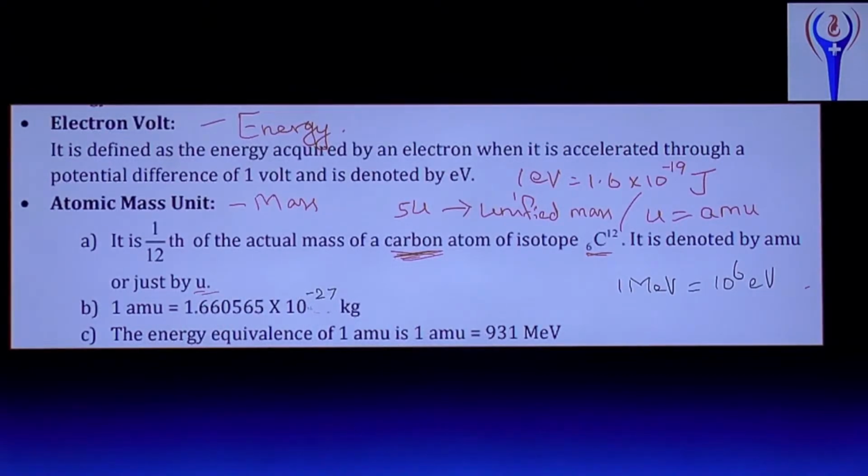So the energy equivalence of 1 AMU is 931 MeV. That is, 1 AMU converted to energy is 931 MeV. Okay, clear? Right. Can we move to the next topic?